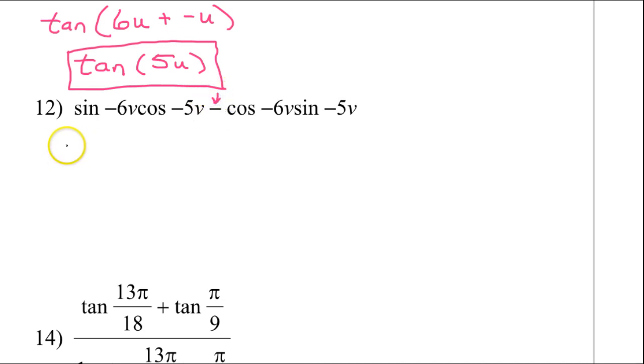So I know that it's going to be the sine of angle minus angle. And the first angle is negative 6v. And the second angle is negative 5v. So I know it's going to be the sine of angle minus angle.